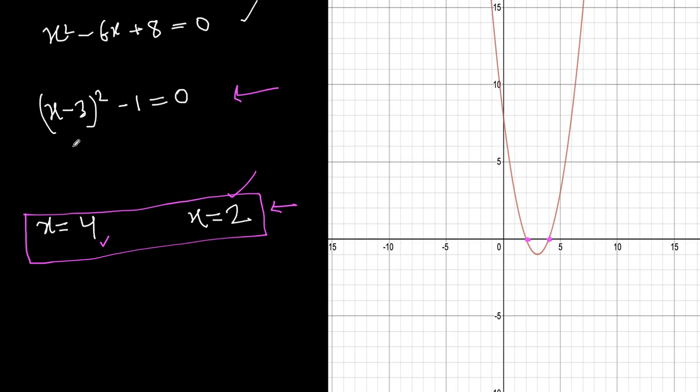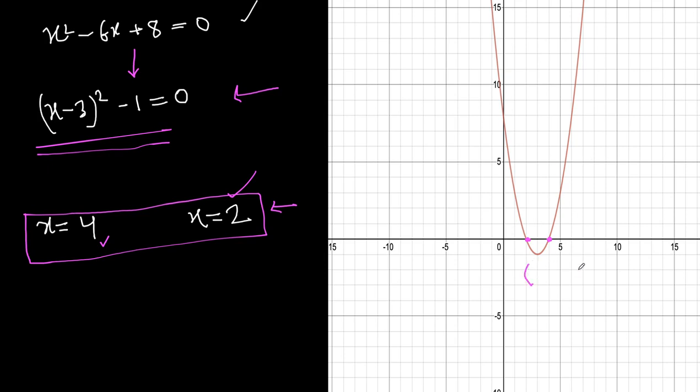Okay, now what do you mean by this form? How can we utilize this form? This means that the point of minima or maxima, the y coordinate is minus 1. So here the graph is upward, so we will always get a point of minima.